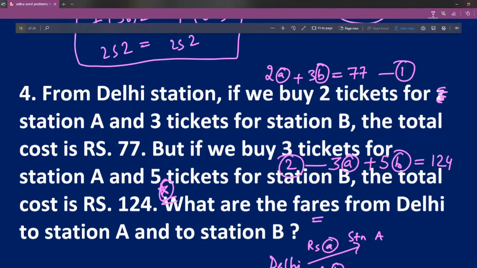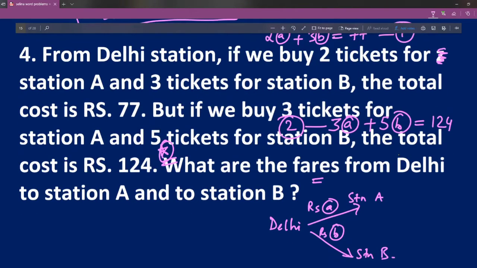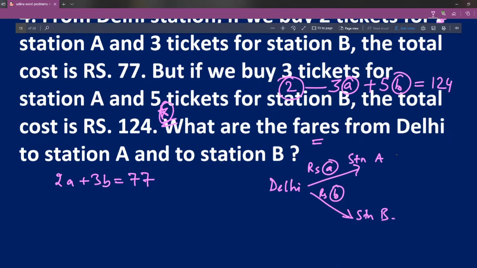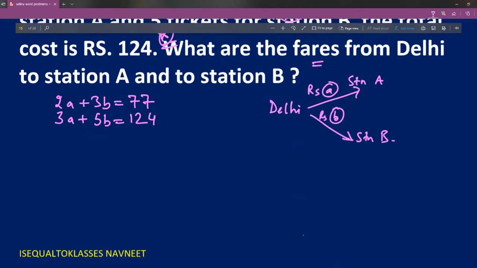This is a relatively simpler question. I'll write the equations again. 2A plus 3B is equal to 77, and 3A plus 5B is equal to 124. I'll solve these equations and I'll have the answer.